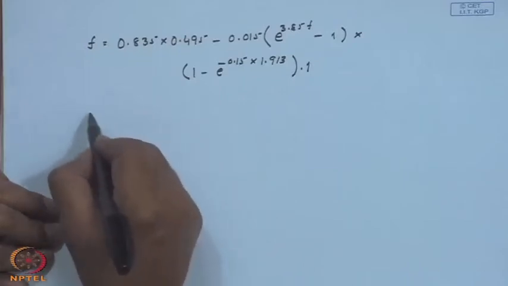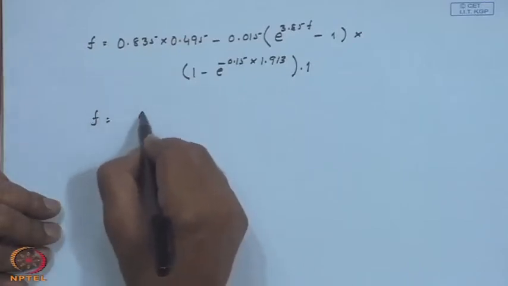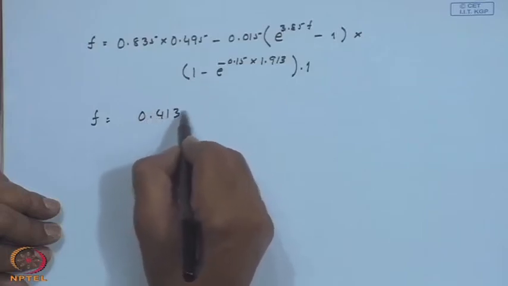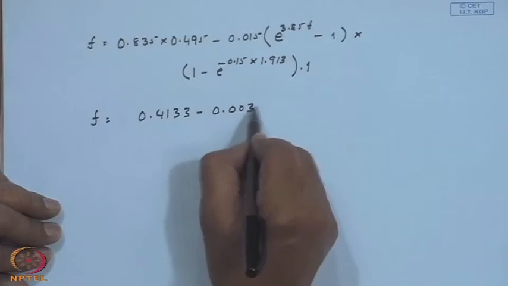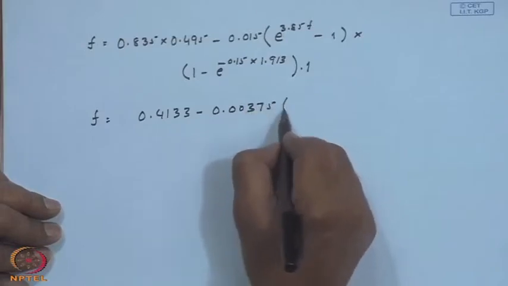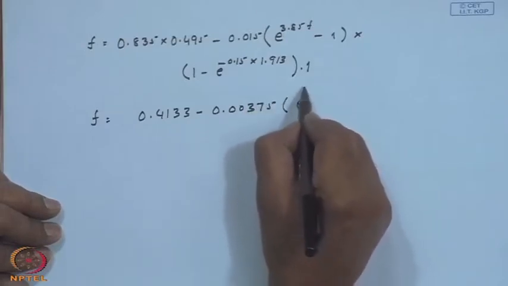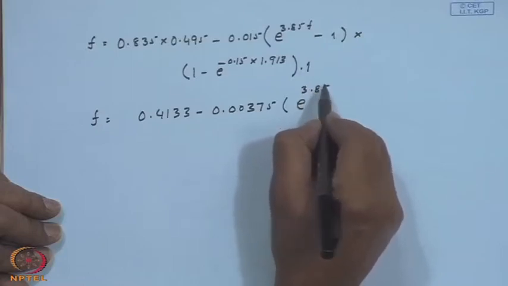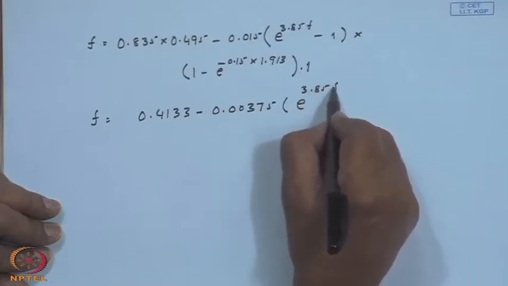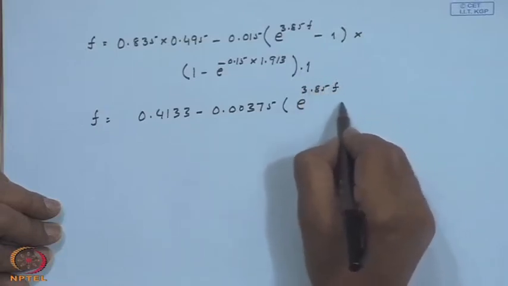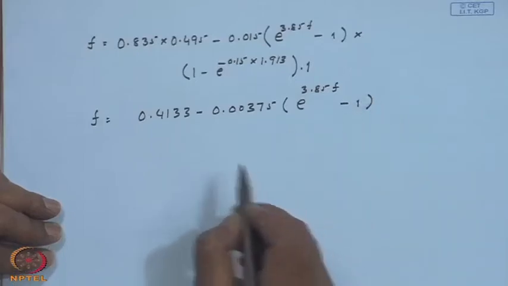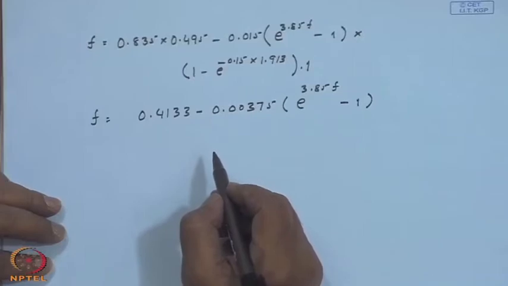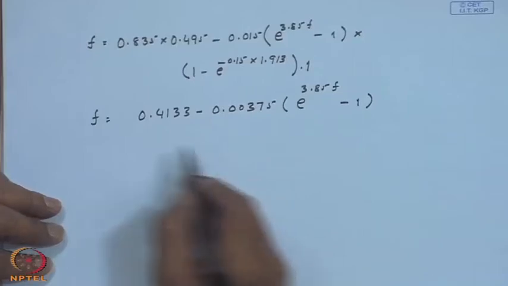So, this F will be 0.4133 minus 0.00375 times e to the power 3.85 f minus 1. Okay. So, that is right.